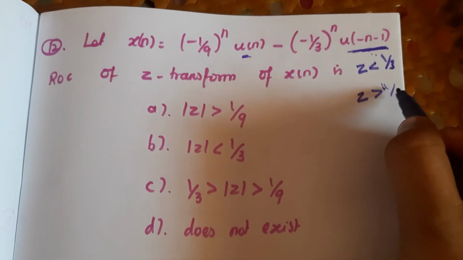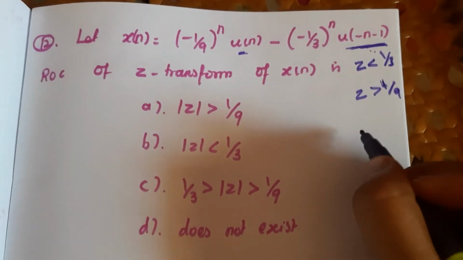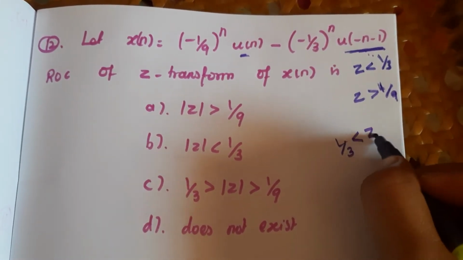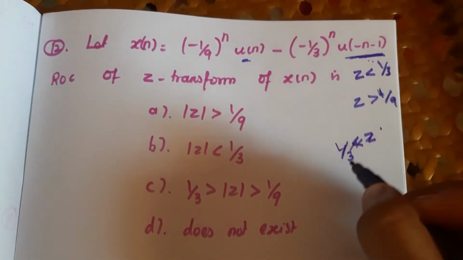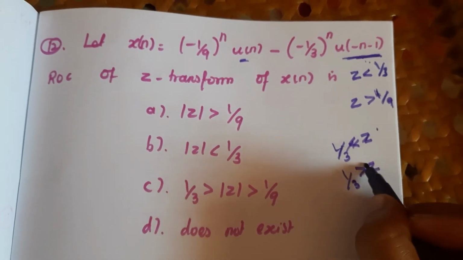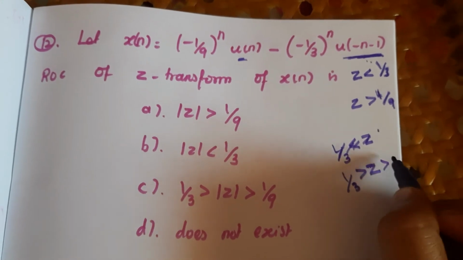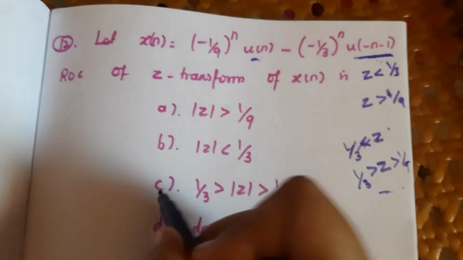Taking both conditions, the ROC becomes Z less than 1 by 3 and greater than 1 by 9. So here the answer is C.